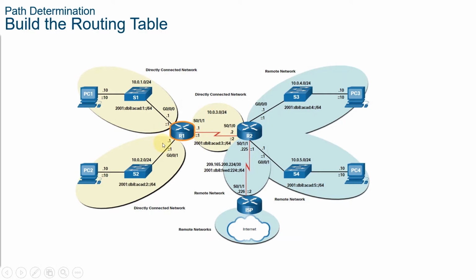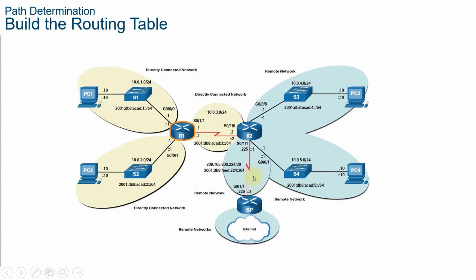Now all the IPv4 and IPv6 networks highlighted in blue are remote networks for R1. Referring to these networks, you've got 10.0.40.0/24, you've got 209.165.200.224/30, you've got 10.0.50.0/24, and the internet.